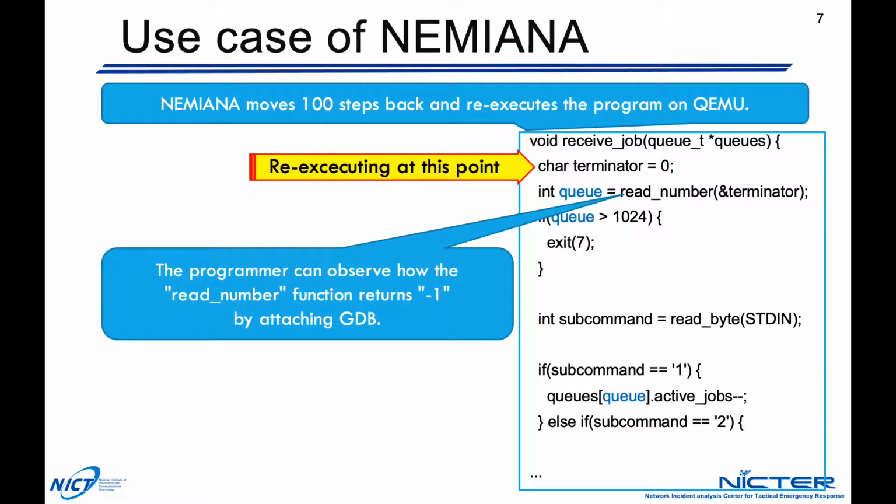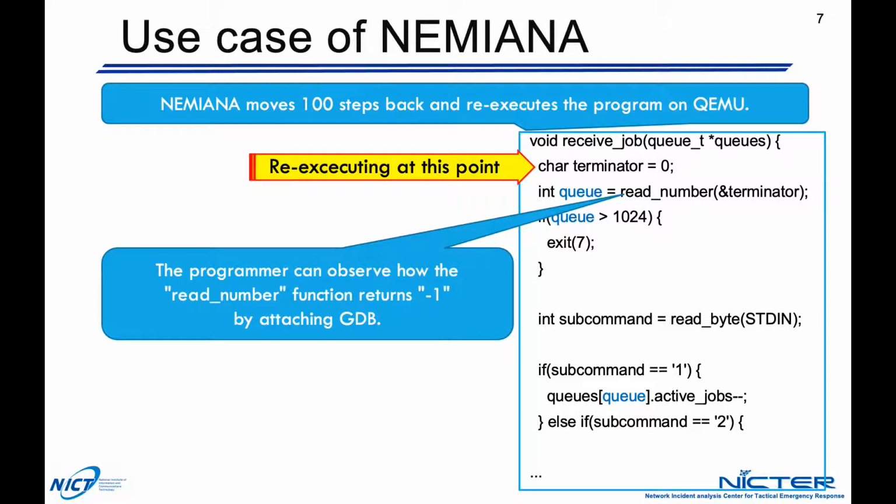Next, the programmer wants to know what value is returned from the read number function. Basically, the return value of the function should always be positive according to the function specification. They operate NEMIANA, and NEMIANA moves 100 steps back before the buffer underrun occurs.